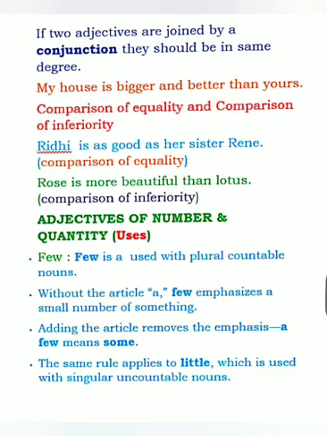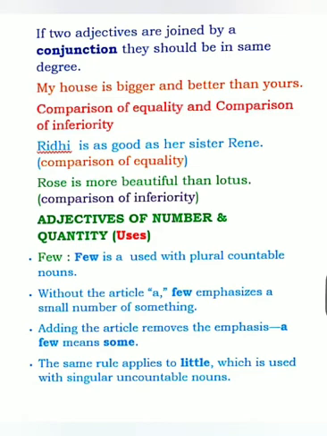So here it is an example of comparison of equality. Why? Because we are talking about two persons and good is the quality. So we are talking about equal qualities also. That's why it is a sentence of comparison of equality.